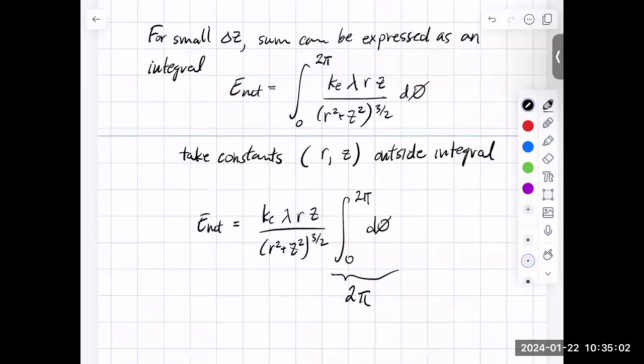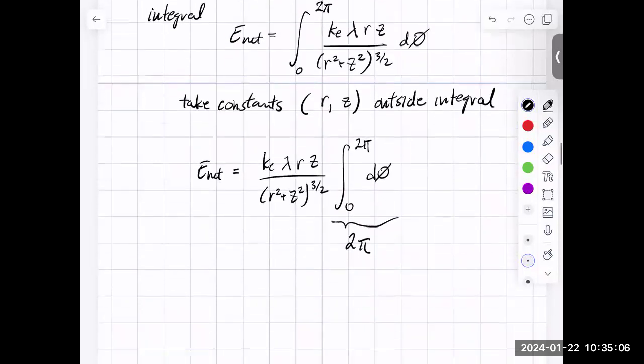And so our net electric field is going to be Coulomb's constant, and I'm going to write it as 2 pi r times lambda.